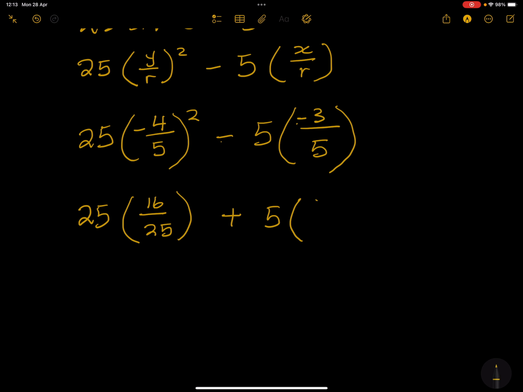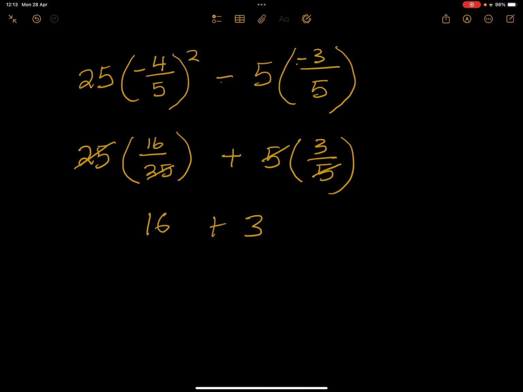And so the 25 cancels out with the 25, we've got 16 plus, the 5 and the 5 cancel out, we've got 3. And so our final answer will be 19.